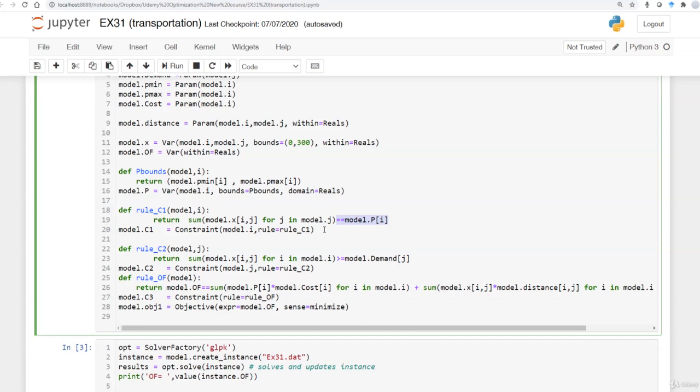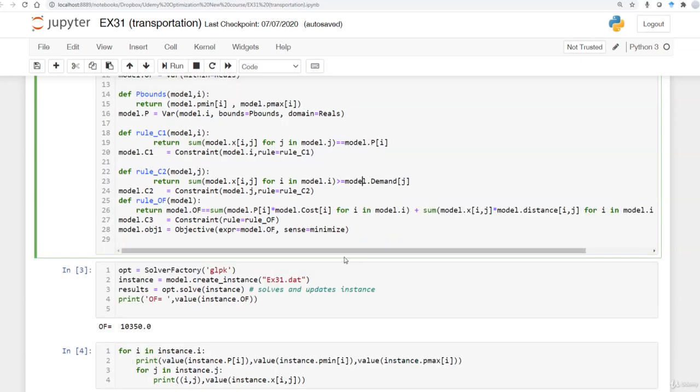And also this constraint is on the production side, and this one is ensuring that the demand is satisfied. I intentionally put it bigger than or equal to the demand because it's easier for Pyomo to solve, but it will not produce more than what is needed.